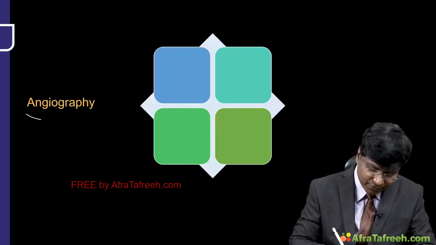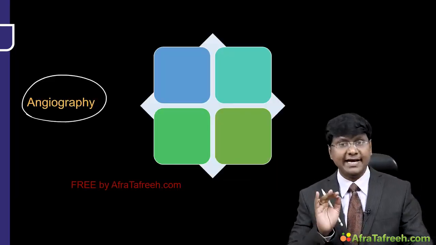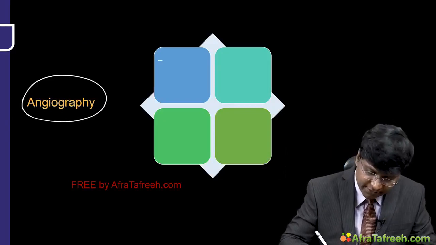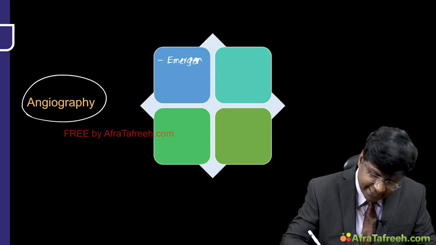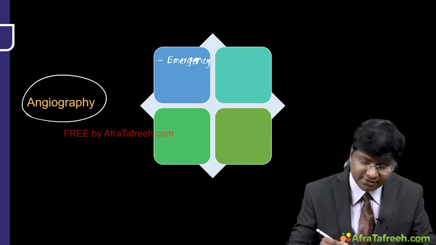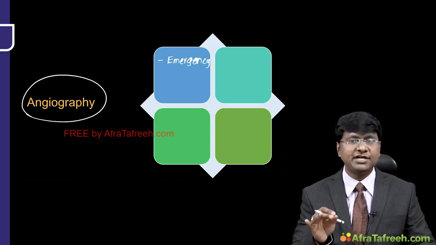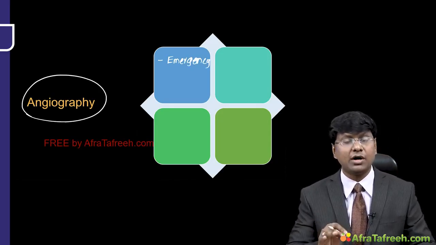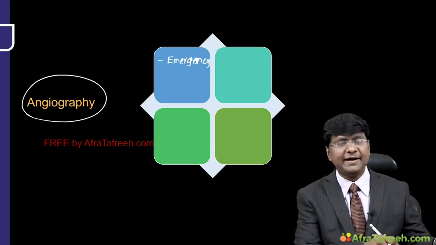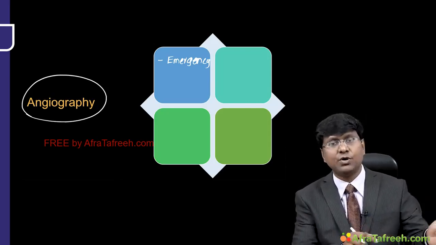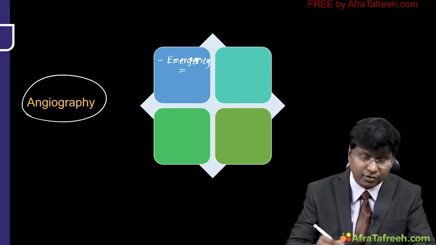Then coming to the angiography. So if you take the angiography, this is one of the emergency investigations. Why am I telling this is an emergency investigation? Because you should be able to differentiate whether it is Takotsubo cardiomyopathy or acute myocardial infarction. So to differentiate whether the apical hypokinesia is just because of Takotsubo or coronary artery disease, you have to do coronary angiogram.